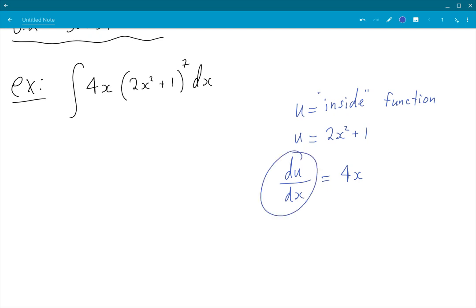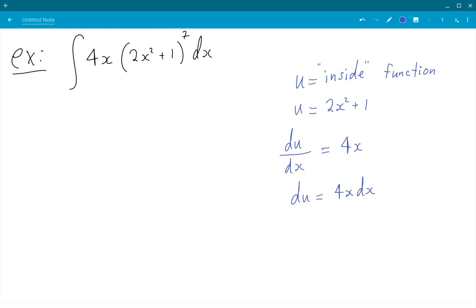I'm going to treat this as a fraction and solve for dx. So I get du is 4x dx. Okay, and I want to get dx alone, right? So I get du over 4x equals dx.